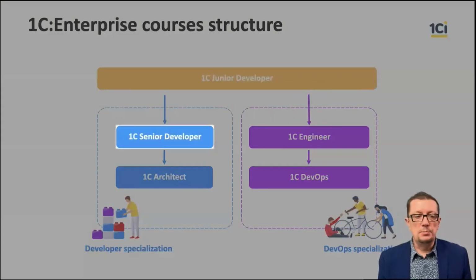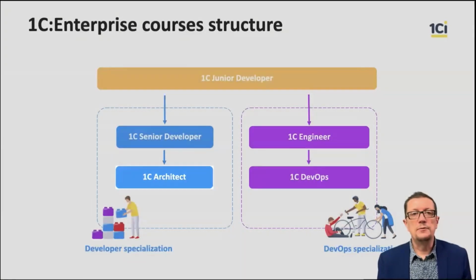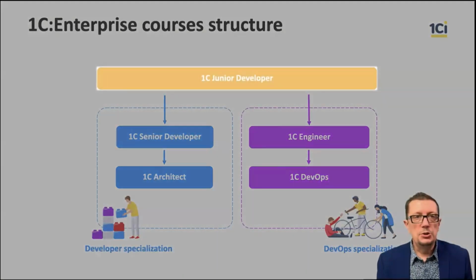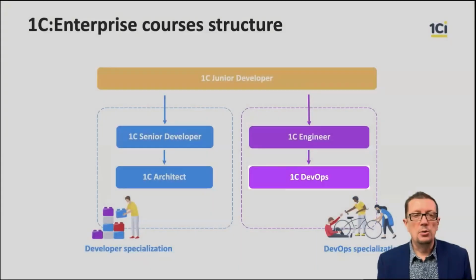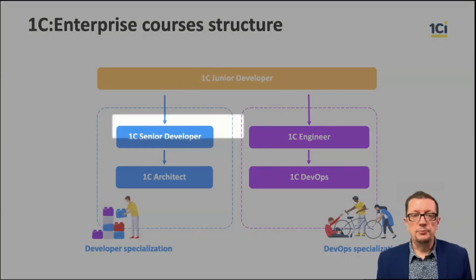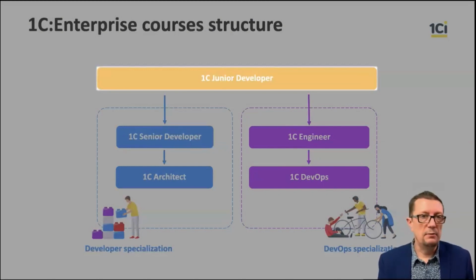These courses are supposed to be taken one after another, because each next course expects you to know all the previous ones' materials. More important is that you are not allowed to take the next level certification exam before successfully passing the previous level one.